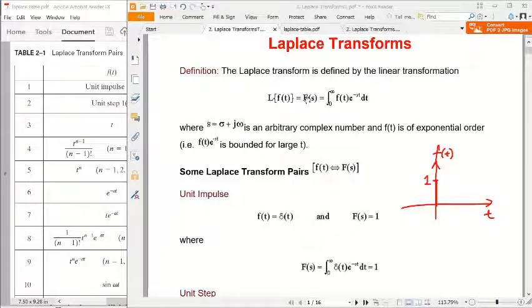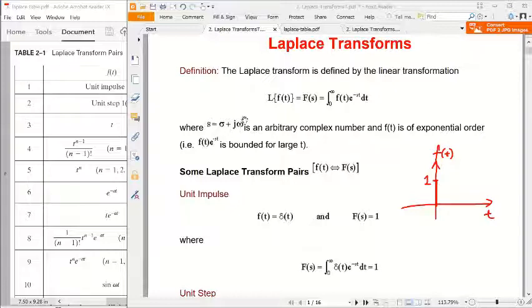And the equation to transform from t to s is given by this. If you want to transform the function f(t), then you have to multiply that f(t) with e to the power of minus st. S indicates the Laplace domain, normally defined as this, which is a complex number.